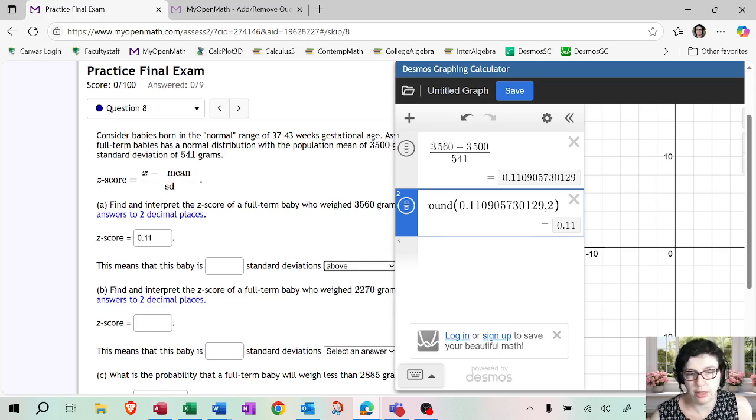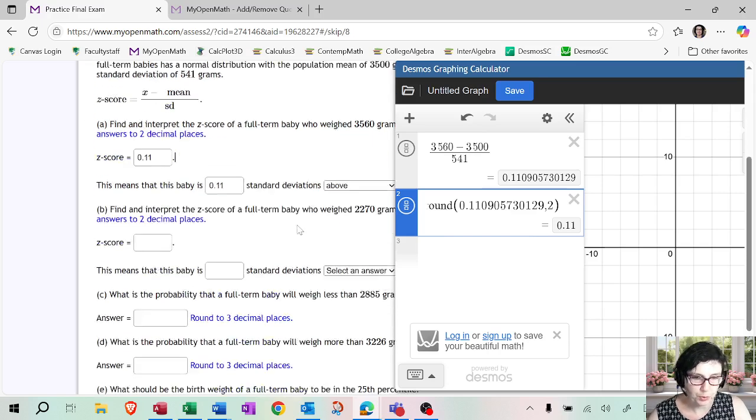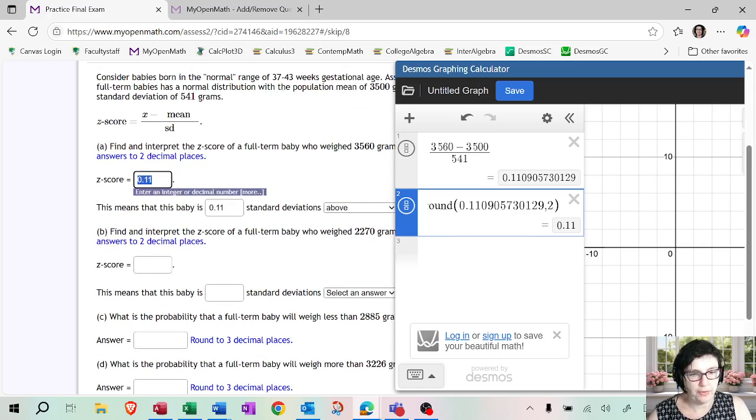And you can also see that the z-score is positive. So what that tells you is that the baby who weighed 3,560 grams is 0.11 standard deviations above the mean. These values would be the same if the z-score is negative, because we are taking the absolute value when we interpret. An absolute value of 0.11 is the same, 0.11.